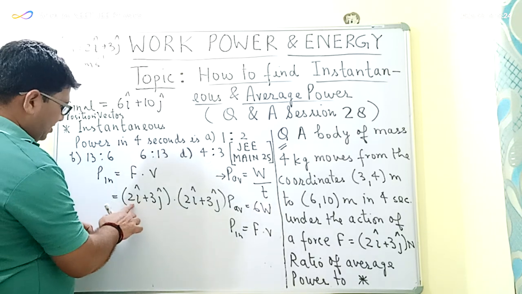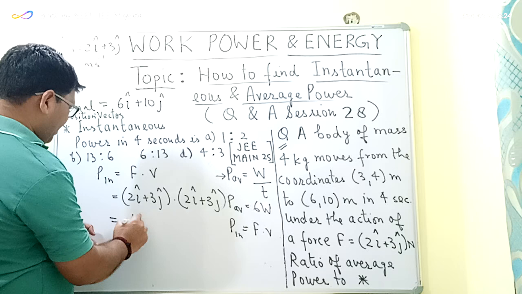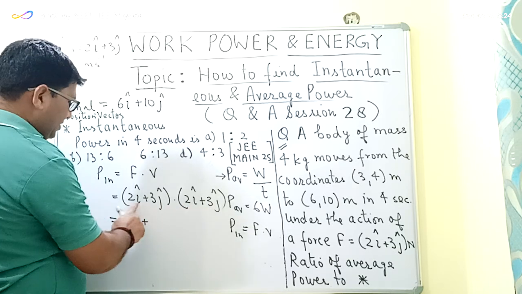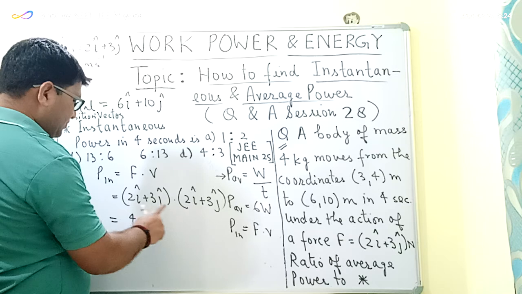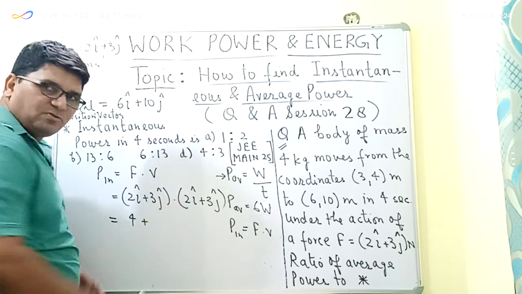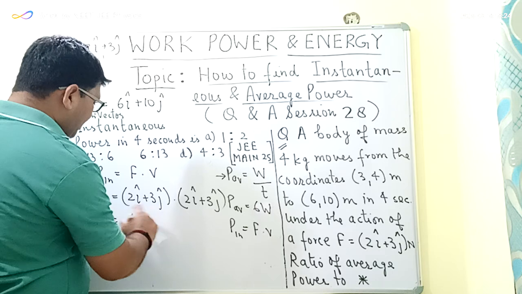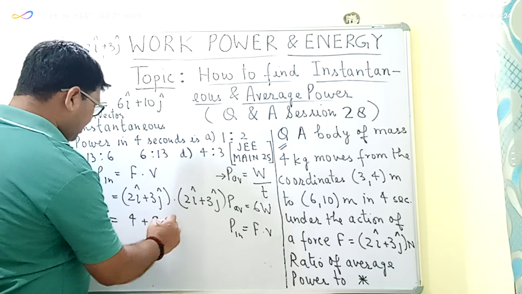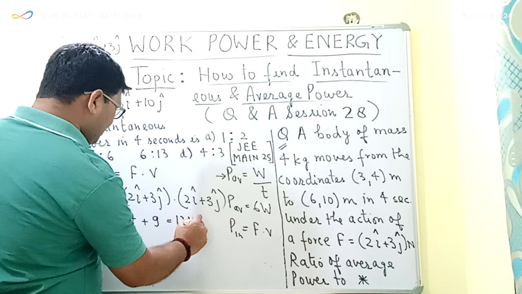So this will give us 2i cap dot 2i cap, this will be equal to 4, plus 2i cap dot 3j cap, this will be equal to 0, because i cap dot j cap is equal to 0. Similarly, j cap dot i cap is also equal to 0. So the multiplication of these two terms will also be equal to 0, plus 3j cap dot 3j cap, this is equal to 9. This is equal to 13 watts.